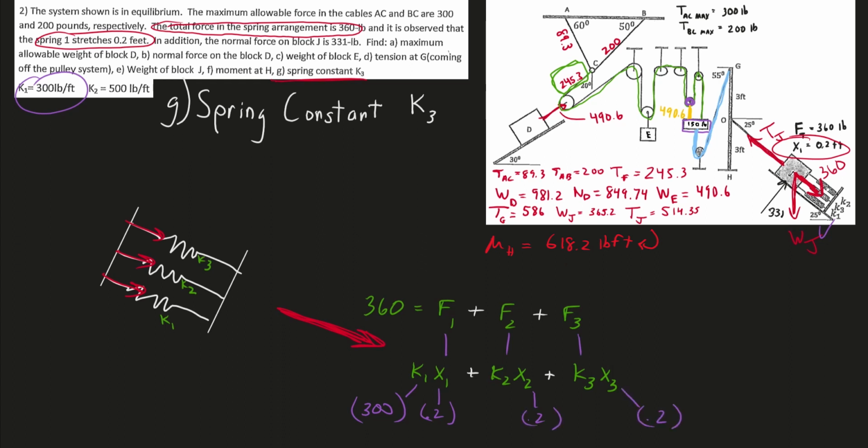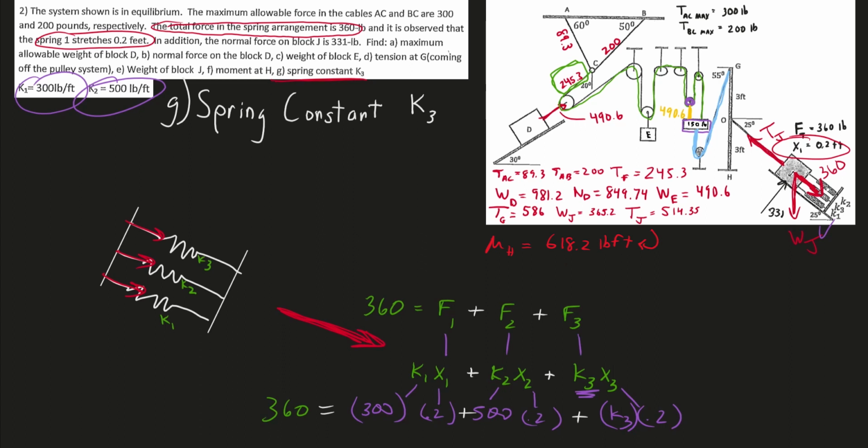Alright. K2 we know to be 500. And K3 is the thing we want to know. And of course, all this is equal to that 360. So it looks like I have a nice equation that is all set up for me. And I just have to use it to solve for the stiffness of spring 3. So again, my recommendation: derive those series and parallel spring equations for yourself.